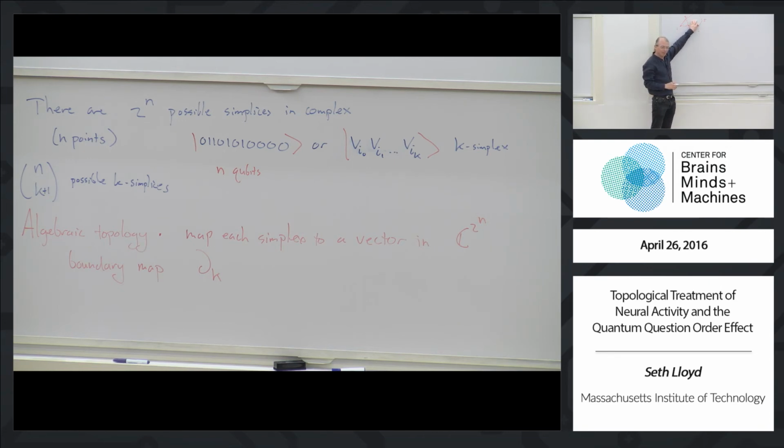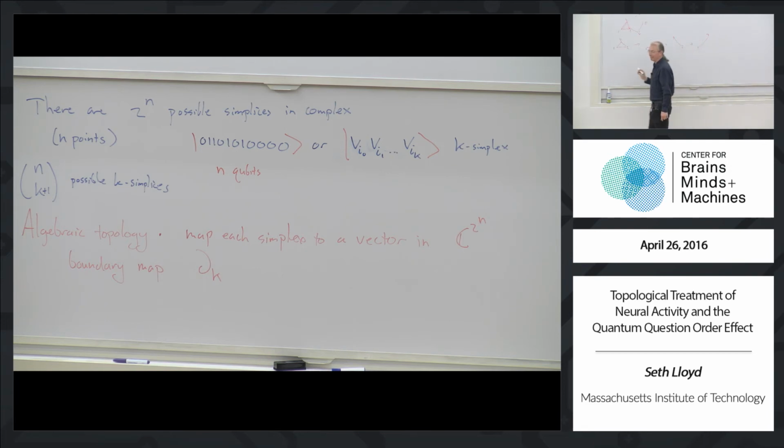Which is the kind of thing we're going to want to try to find using this procedure, and I hope I can explain this. But anyway, the simplex 1, 2, 3 gets mapped to the sum of 1, 2, remember, these are vectors now, plus 2, 3, plus 3, 1.